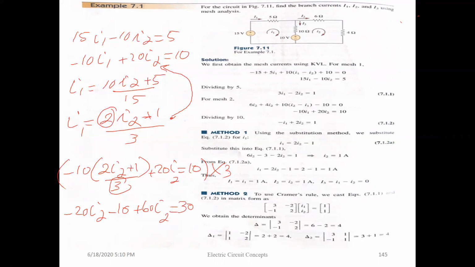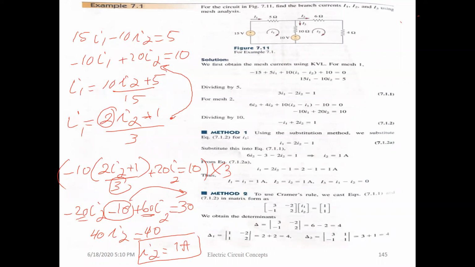Now 60 minus 20 is 40I2 equal to, and then the 10 we move to the other side. It becomes plus 10 plus 30 is 40. So therefore I2 is equal to 40 over 40, which is 1 amp.